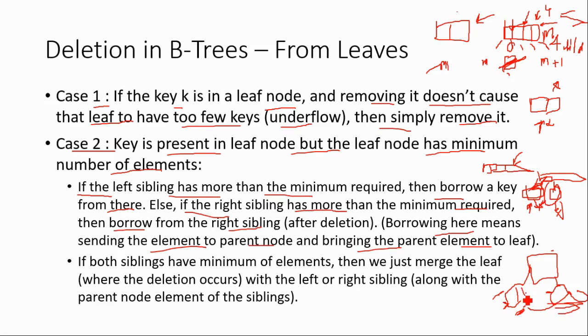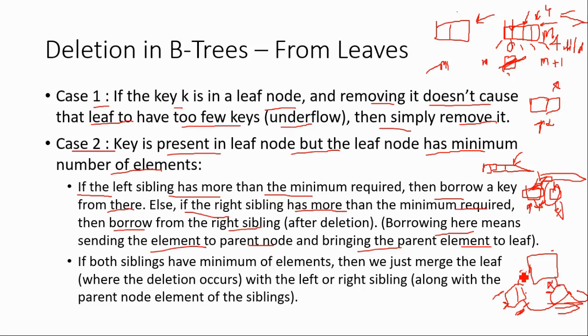So the process of borrowing a key would be: we send the required borrowed key, which in case of the left sibling will be the last element, and in case of the right sibling will be the first element.